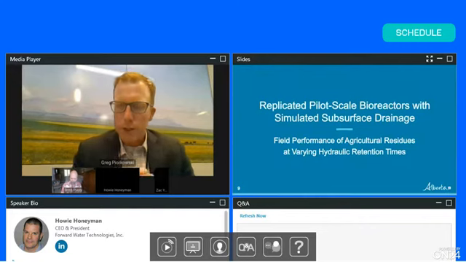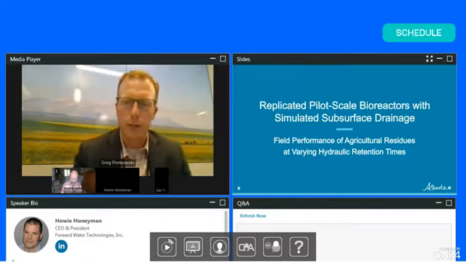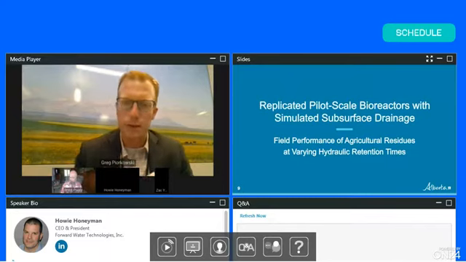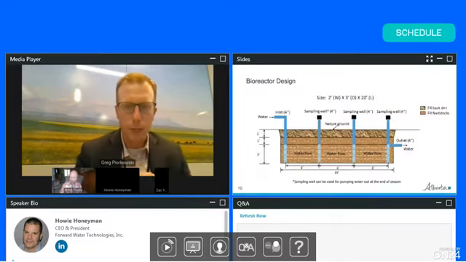So from that information, we decided to go for a replicated pilot scale design. This is where we sought and acquired funding from Alberta Innovates, to have replicated, controlled systems that we could put out into the environment and look at the field performance of agricultural residues at varying hydraulic retention times, so we can figure out how best to promote these systems in the area.